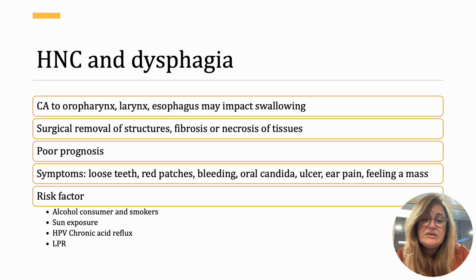Poor prognosis, depending on how and when it's detected, they will lose their teeth, with red patches, bleeding, dryness, candida, pain, odynophagia, the feeling that things get stuck, and that's why there are different stages where we should be involved in their treatment from the very beginning when it's detected to the very end when it's managed.